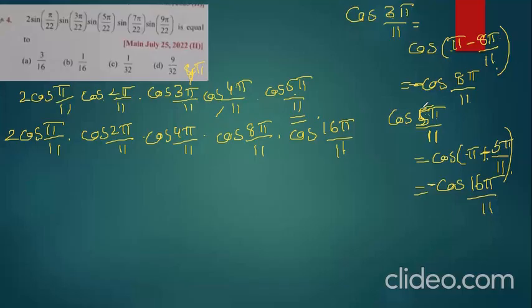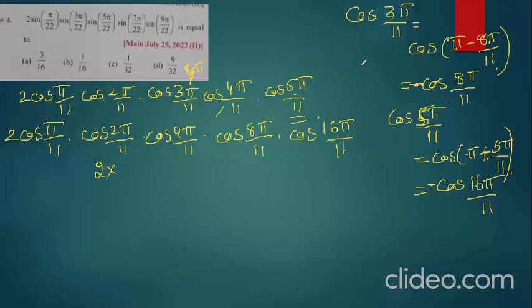Now you observe cos pi by 11, cos 2 pi by 11, and this can be cos theta, cos 2 theta, cos 4 theta, cos 8 theta. So what is the formula for that? Cos theta, cos 2 theta up to cos 2 to the power n minus 1 theta. What is the formula we can apply here? Yeah, in the previous PYQ we used this.